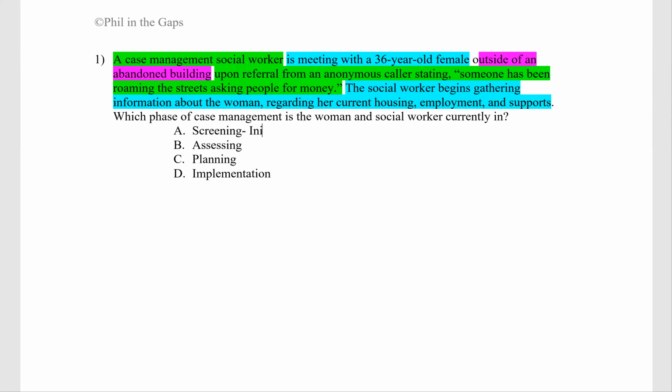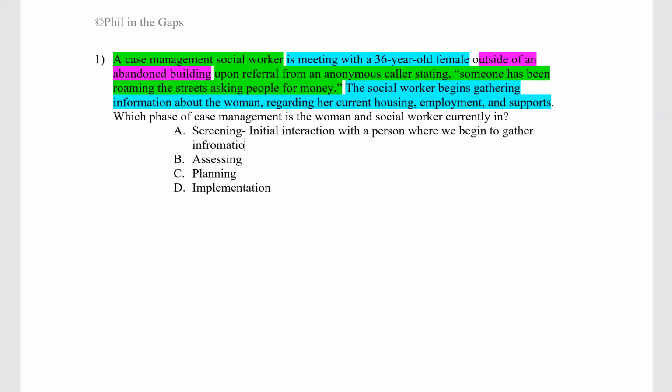A, screening, is that initial interaction with a person where we begin to gather information to help gauge their appropriateness for treatment.